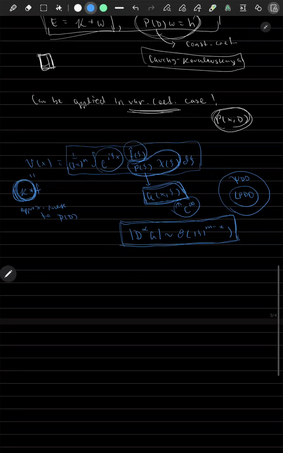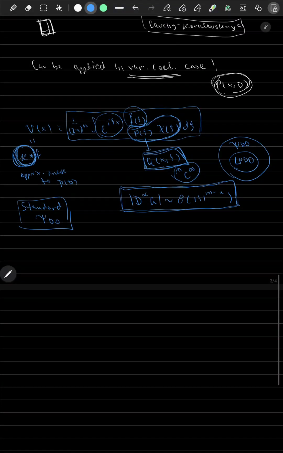We'd call the operators of this kind pseudodifferential operators. Actually, we call them standard pseudodifferential operators. And it's in this class that you can always invert elliptic operators. So this is the motivation for pseudodifferential operators, and this is approximately how they're defined.